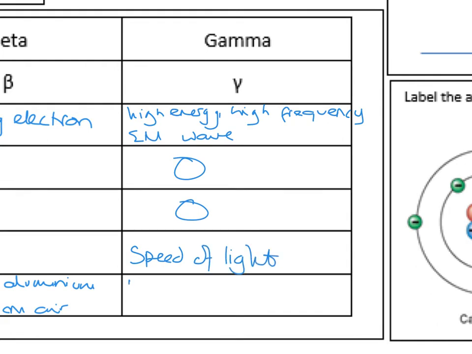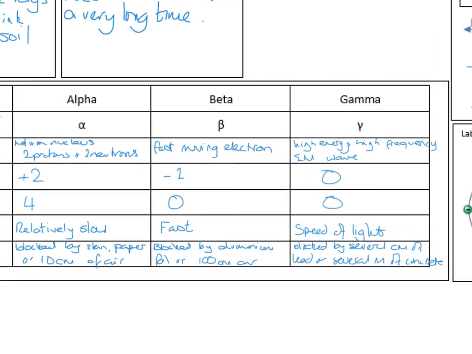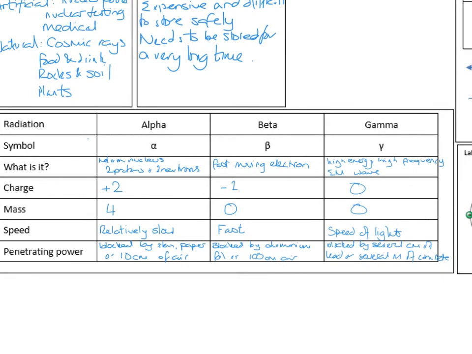Okay, and it's blocked by several centimeters of lead or several meters of concrete. Okay, so there's your answers for that part. Okay, again, press pause if you need to write any of that down.